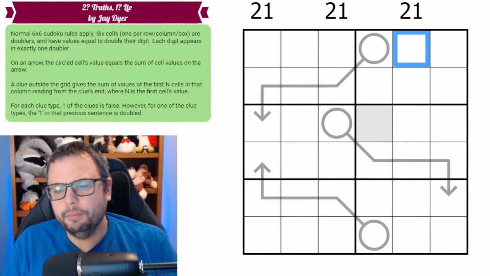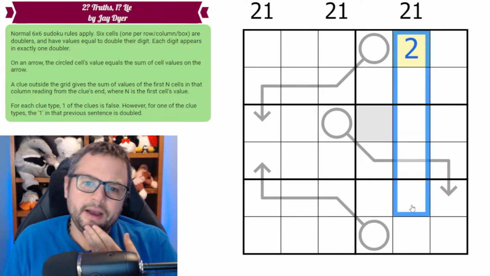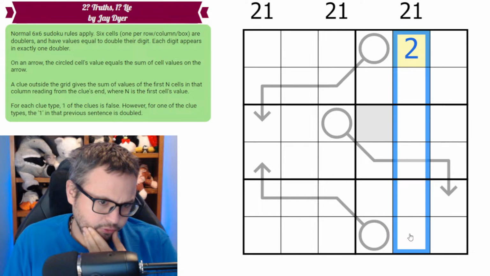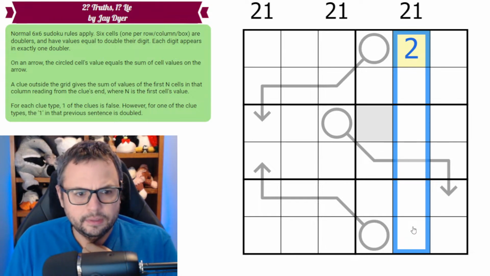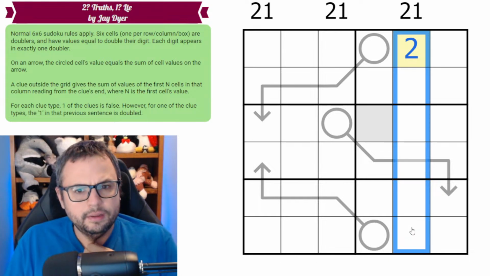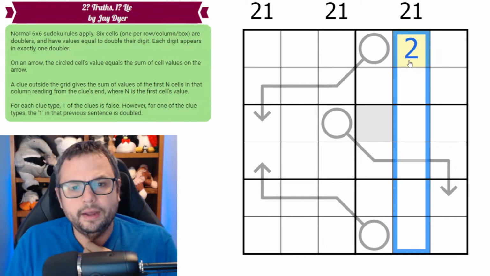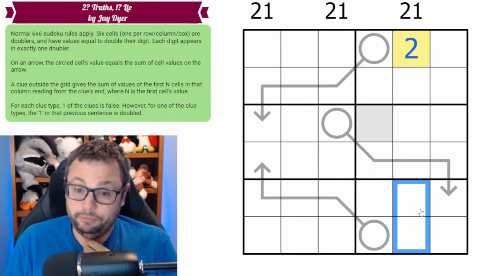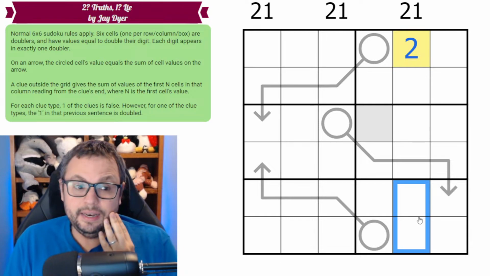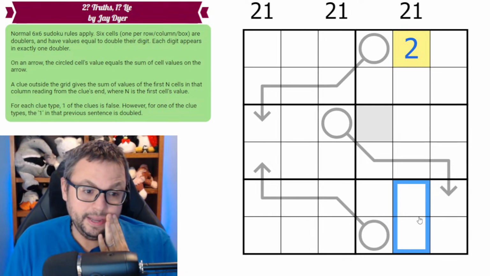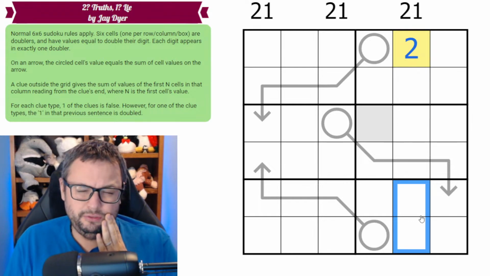Could I get there with a doubled 4? Let's try doubled 4 here. I don't think we can, because now the column sums to 23. Now this doesn't work because my outies, which are these two cells, need to sum to 2, right?